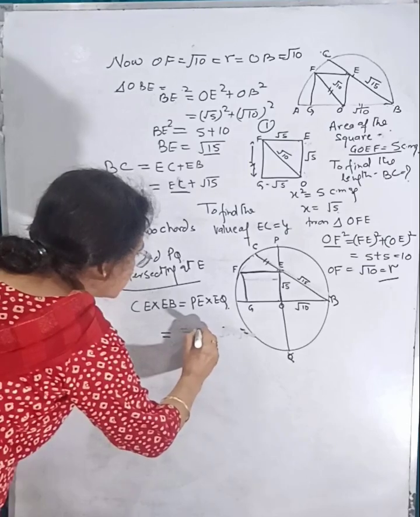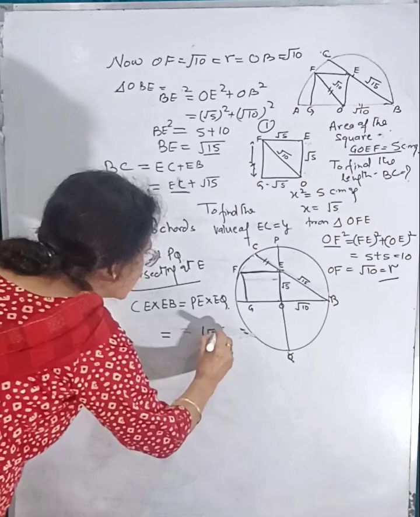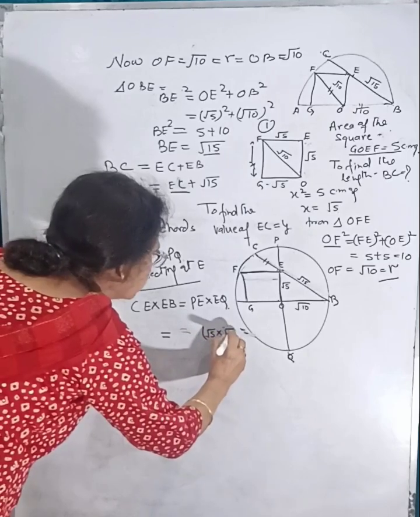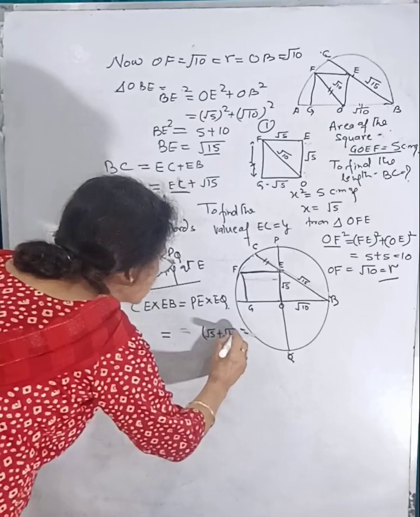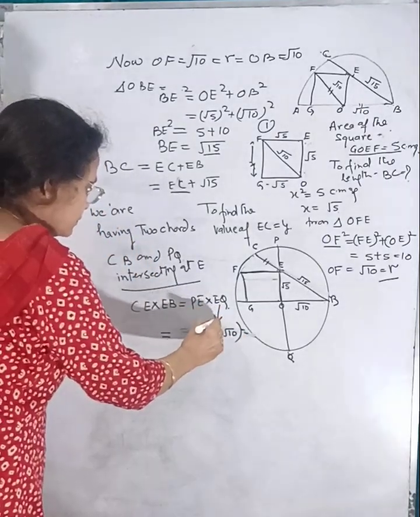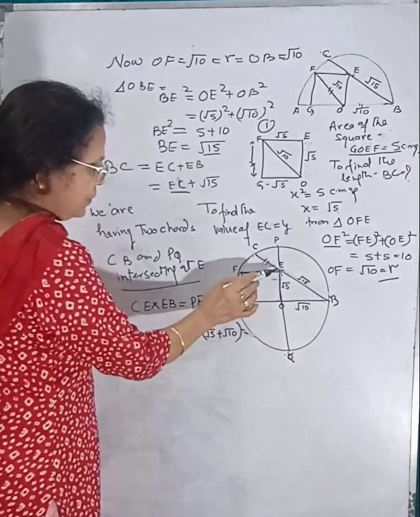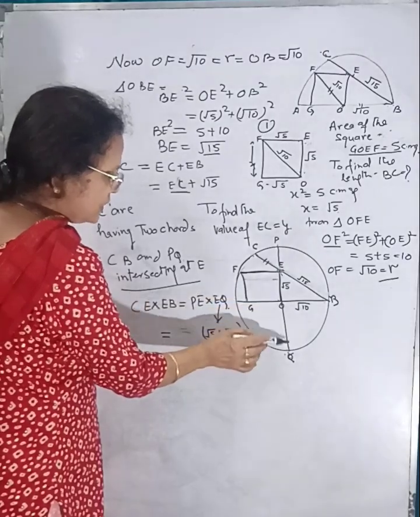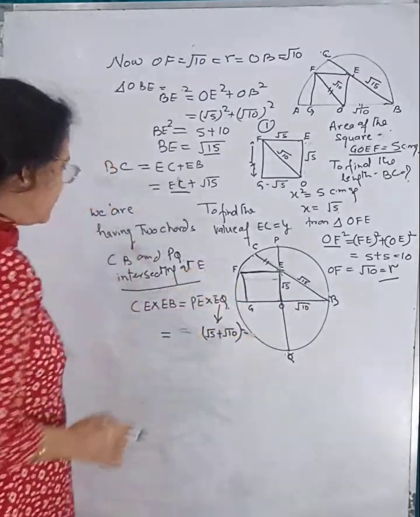EQ is root 5 plus root 10, because this is the radius.